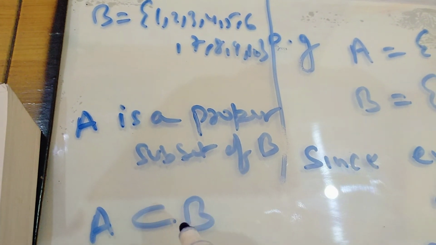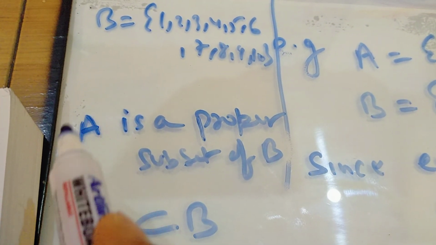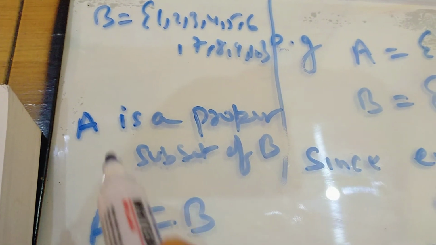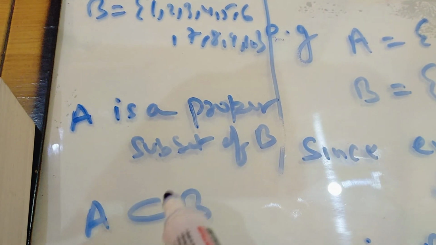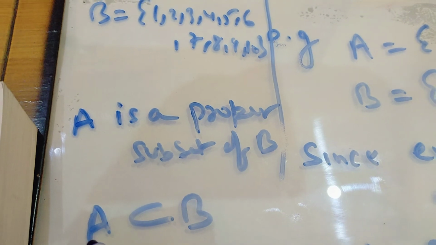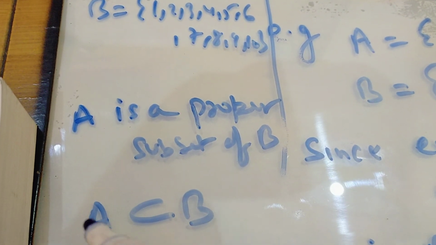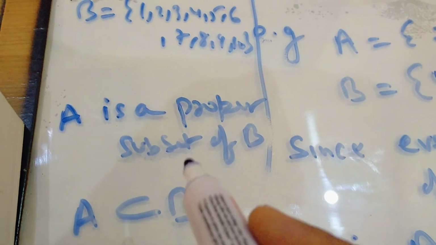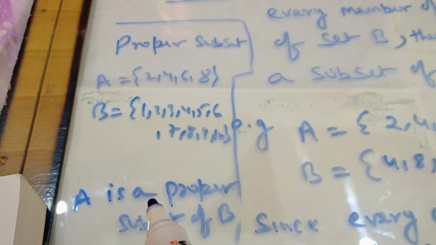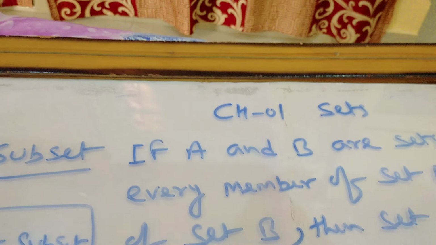So proper subset means complete A is available in B, but all the elements of B are not in A. Means some elements in B are not available in A. So at that time you have to use proper subset. Okay. So two definitions you have to write in your copy.